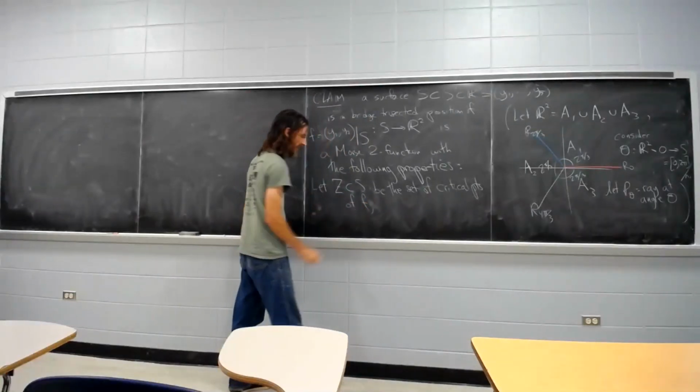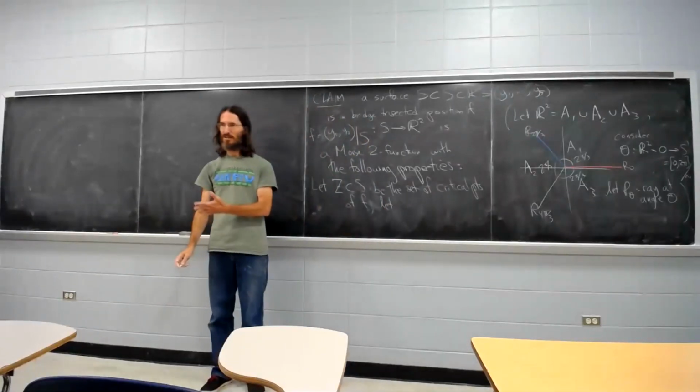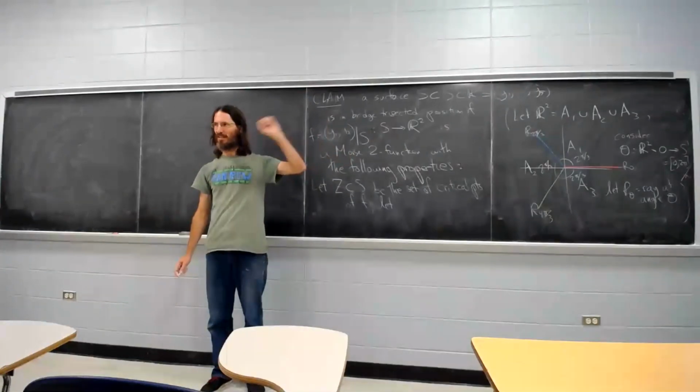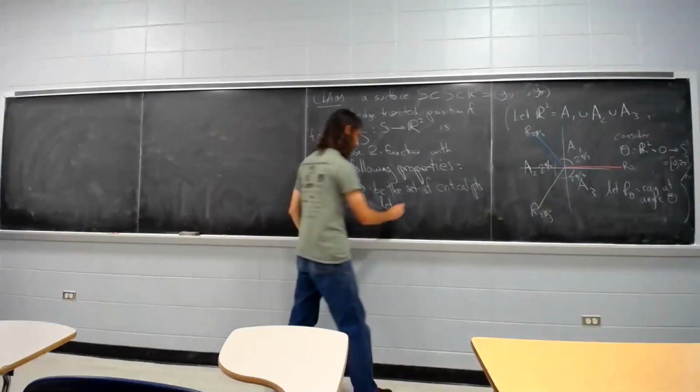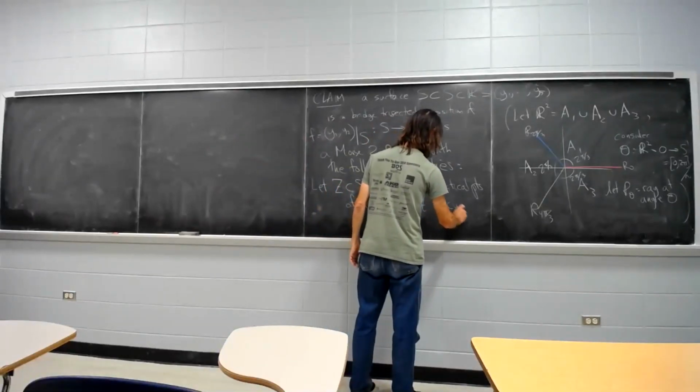So remember, the set of critical points includes fold points and cusp points. The folds form one manifold and the cusps are points on that one manifold. Let C be the set of cusps.